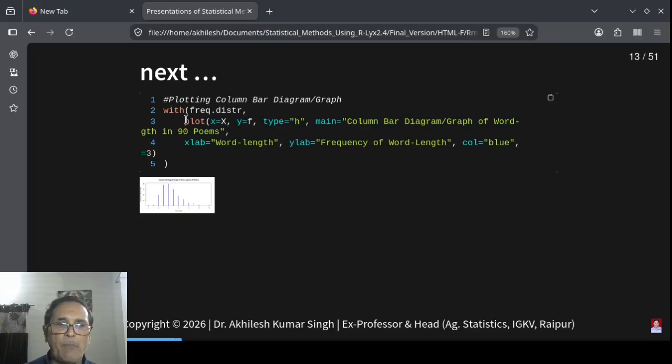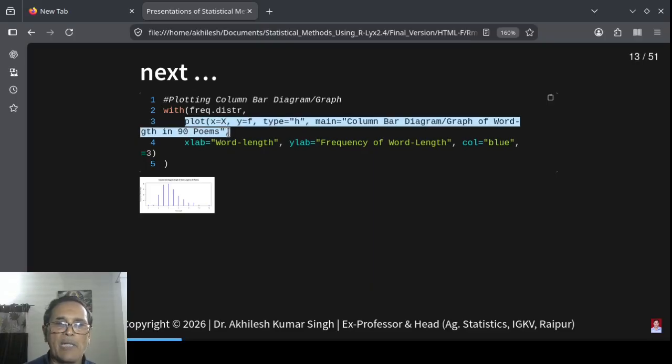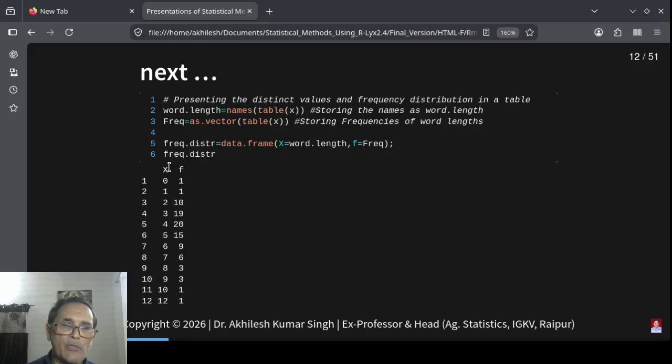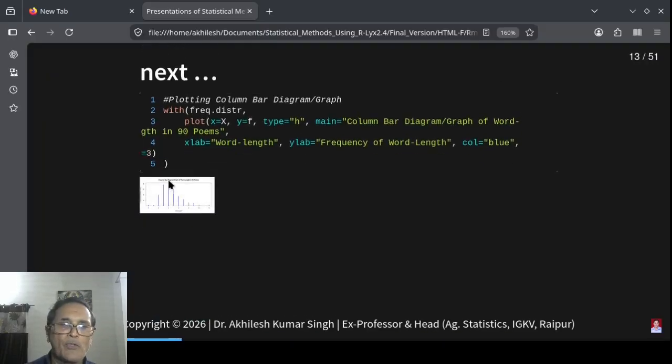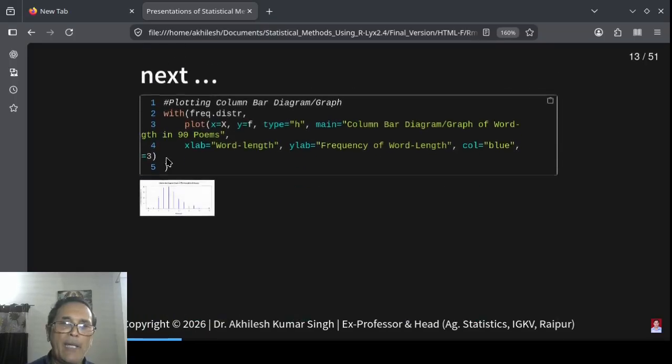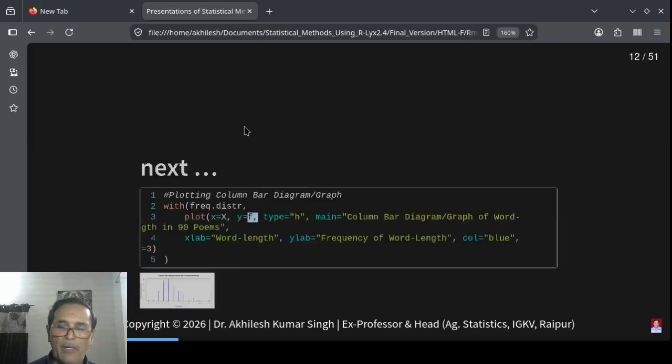There is another function, the plot function. First time we are using it, and this is a very important and very versatile function in base R. We have to give X and Y coordinates. The X coordinate is given by capital X from this frequency distribution data frame, and then Y equal to f from here.